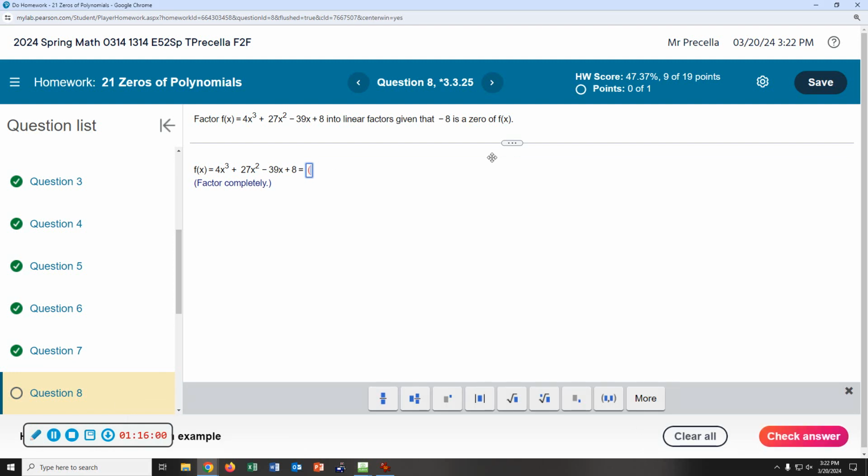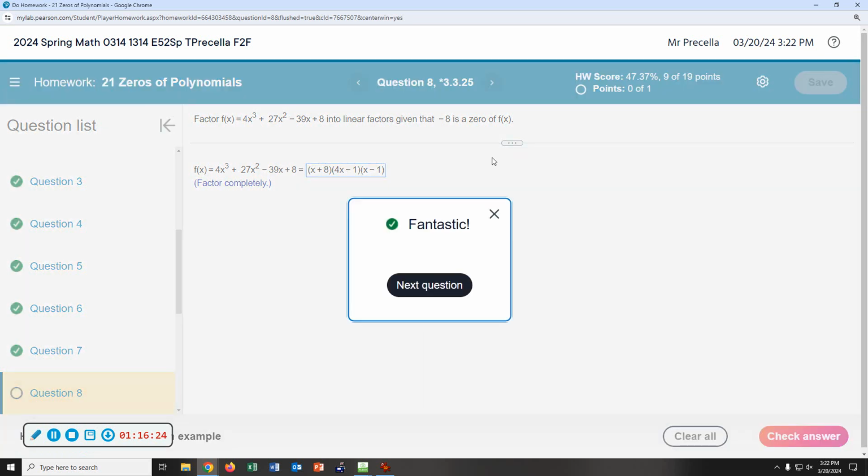Once again, the order of the parentheses doesn't matter. x plus 8, 4x minus 1, and x minus 1. Now notice we're typing it in a different order from what we got when we're writing it out. The order of the parentheses doesn't matter. Just make sure you have the same thing inside all three sets of parentheses. The plus has to be with the 8. The 1s have to have minuses in front of them.